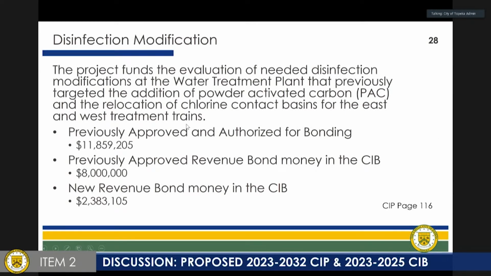Disinfection modification. This is for the water treatment plant, previously approved and authorized, just under $12 million. Previously approved revenue bond money in the CIB, again, that's the first 3 years, $8 million. New revenue bond money in the CIB, so this is new requested money, just under $2.4 million.